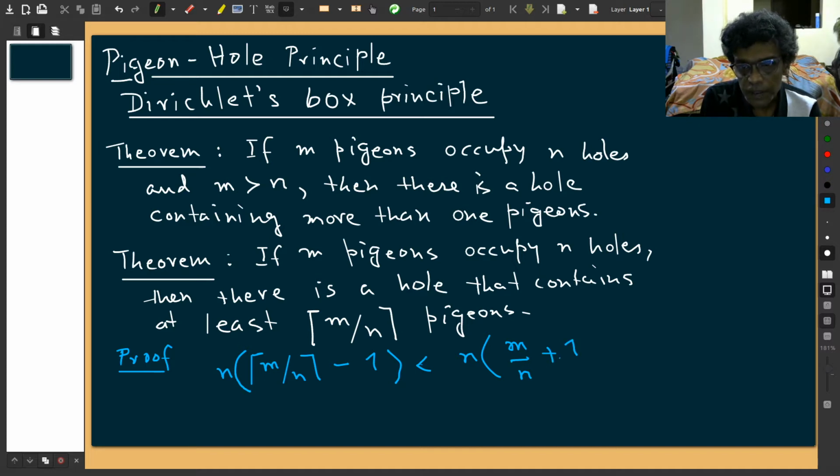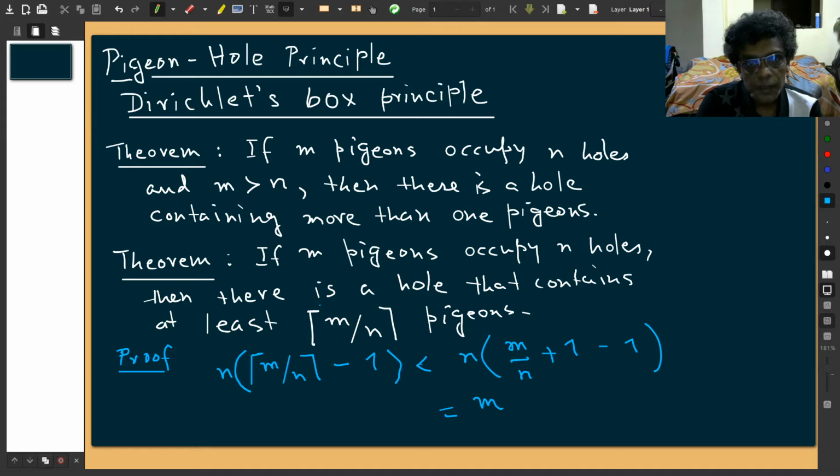In fact, it is smaller than this quantity, m by n plus 1, and then minus 1, which is equal to m. So, if all holes contain less than these many pigeons, then the total number of pigeons is less than m, which is a direct contradiction, and therefore this theorem is valid.